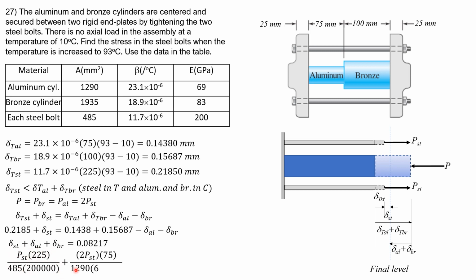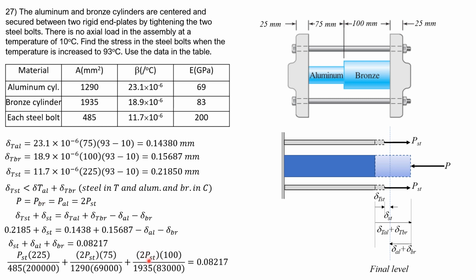Force in aluminum is 2 times PST from here. Length of aluminum 75, area 1290, modulus of elasticity 69,000 megapascals. Plus force in bronze, which is the same, 2 PST.